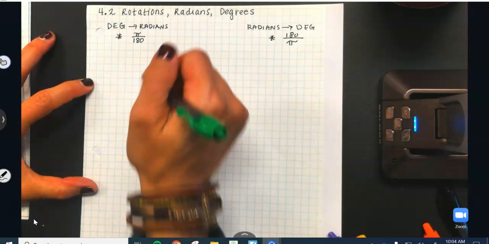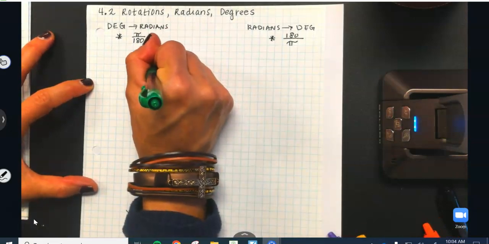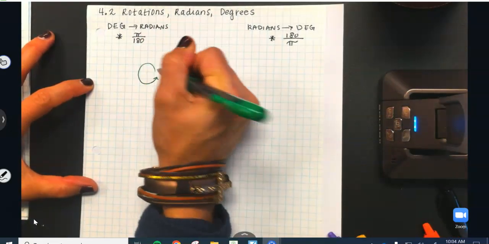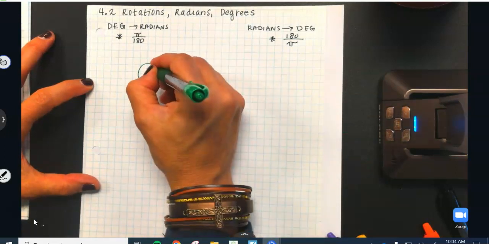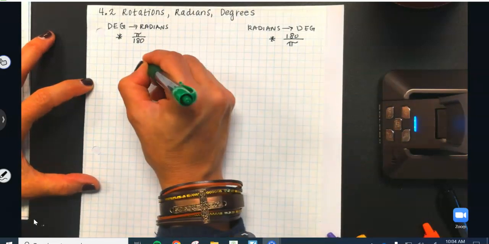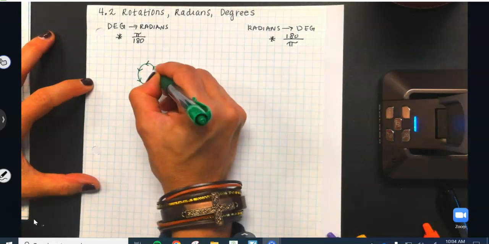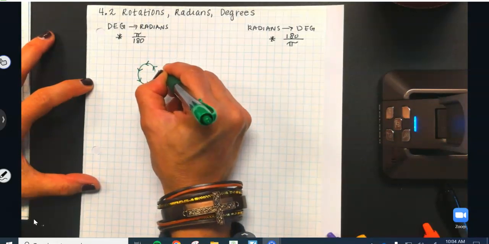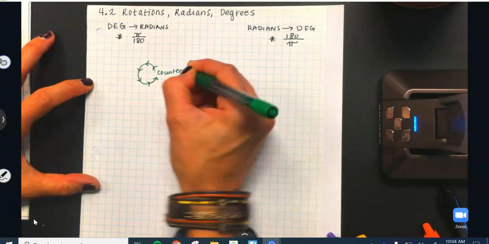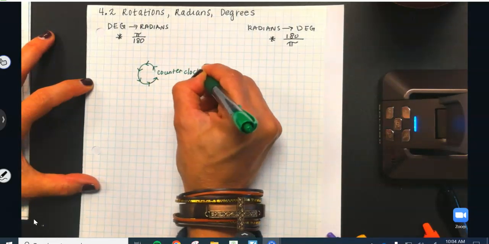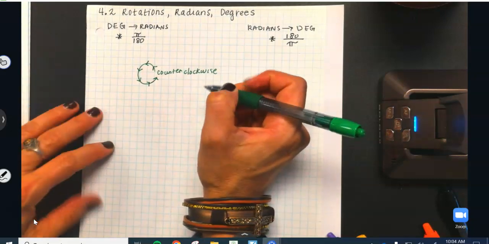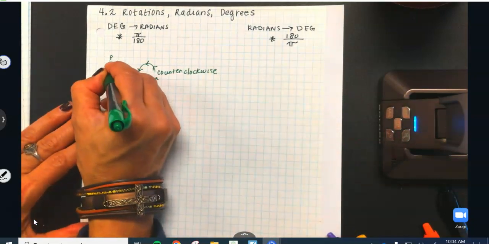Okay, so guys, degrees on a coordinate grid can be positive and negative. So look, if I go to draw an angle and I move up, that's positive. So if I start going up to draw an angle, it's going to be positive. That's also known as counterclockwise. And that is certainly positive. I'll just write positive over here.